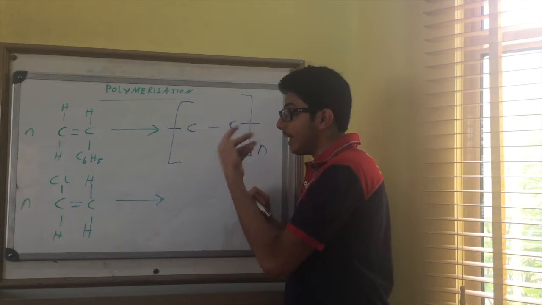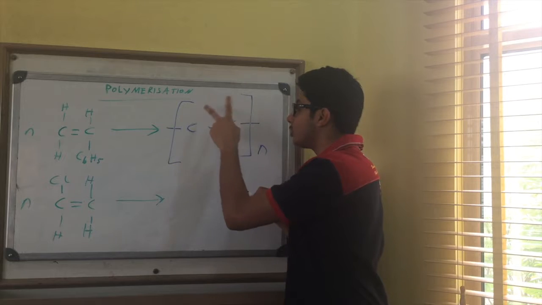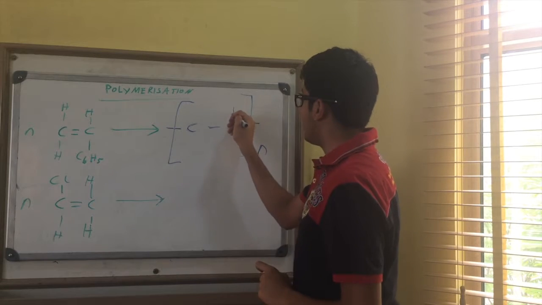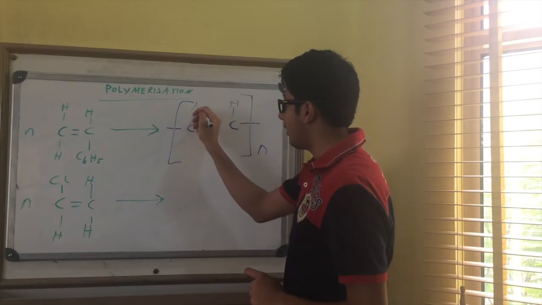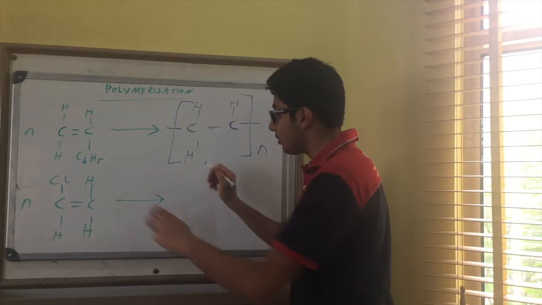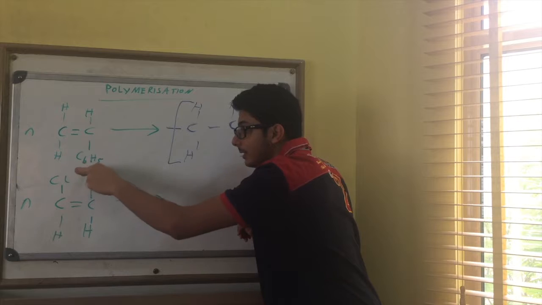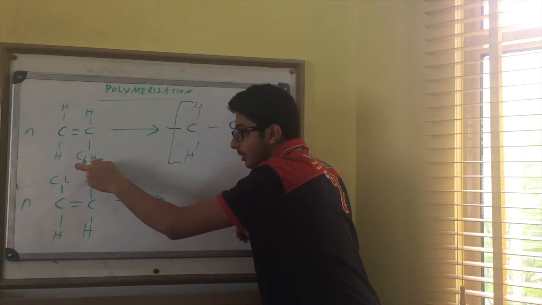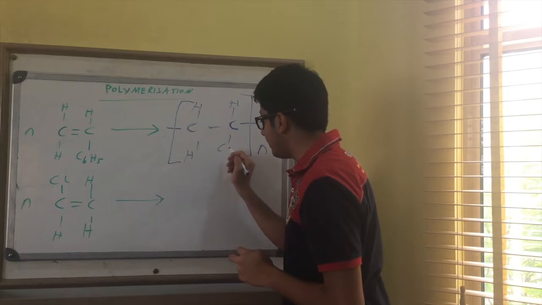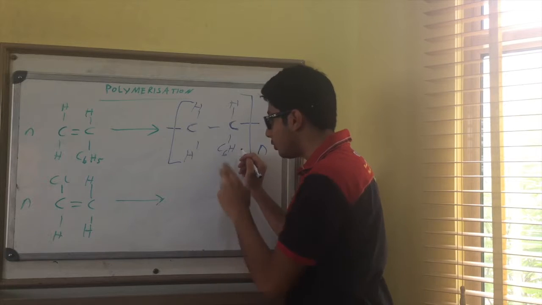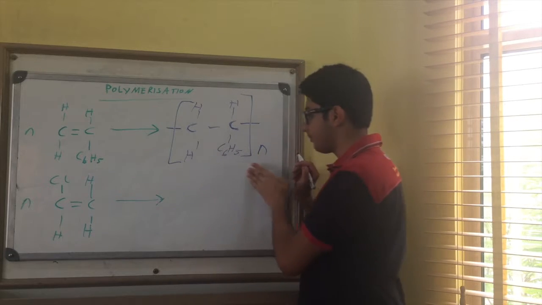Now obviously, to get the last mark, you have to draw the structure correctly. So the hydrogen bonds stay the same, and so does this. So don't be put off that this is not just one hydrogen, because it's going to be drawn the same way as the others.